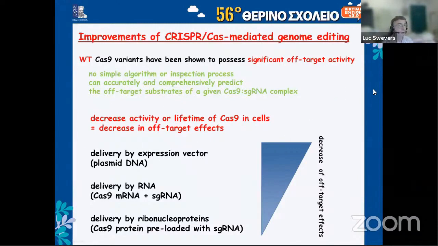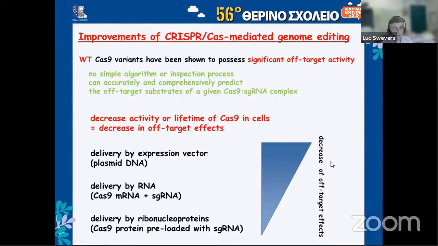A very important rule is to decrease the activity or the lifetime of Cas9 in the cells. The longer the CRISPR-Cas is present in the cells, the longer there is a chance of off-target effects. So you have to make this time as short as possible. Delivery with an expression vector is not really recommended because the DNA will linger for a long time.